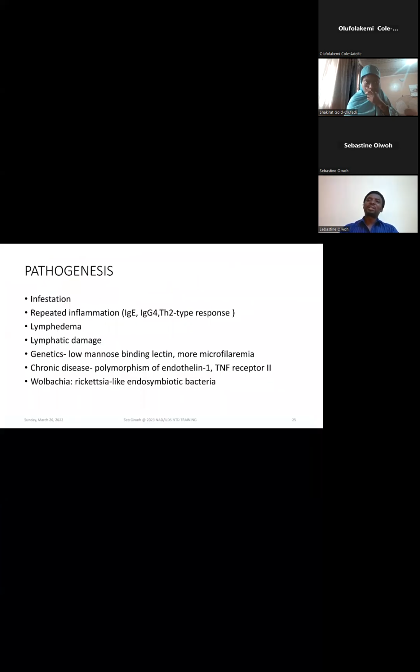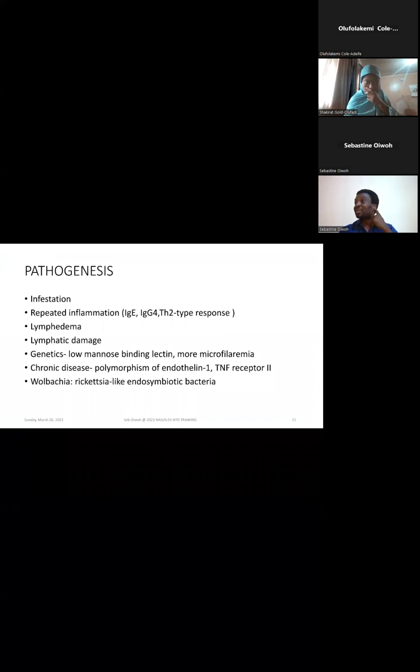To understand the etiopathogenesis, we have to look at quite a few things as highlighted here. We've mentioned the way the mosquito affects humans. This causes repeated inflammation through production of IgE, IgG, and a helper T cell response.